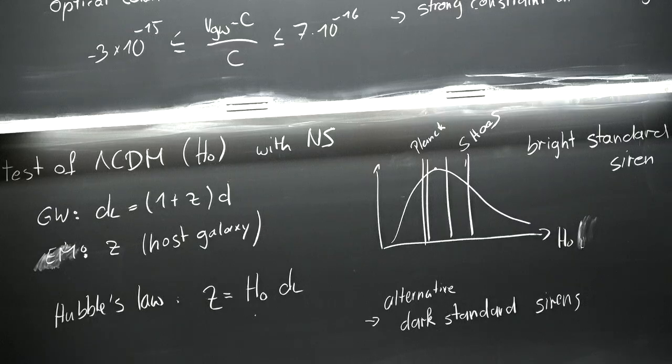That's exactly an example where you would really cross-correlate a map that you get from gravitational waves with a map that you get from EM observations with the galaxy catalog, and you try to learn something about cosmology.